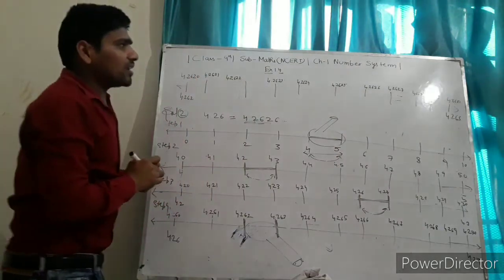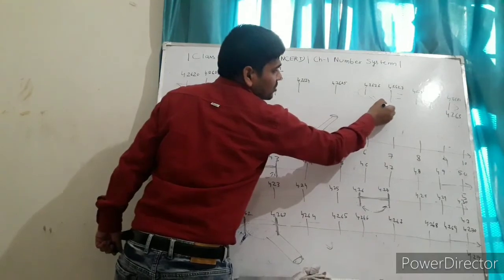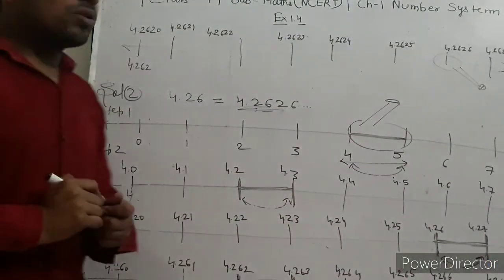But you have to represent 4.2626, so this is your required number. I hope you have got it. Thank you.